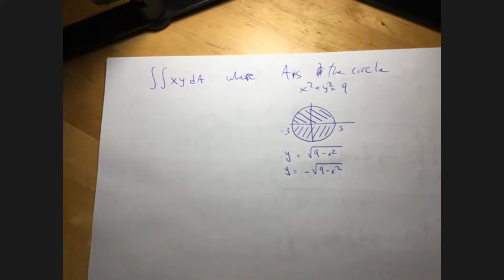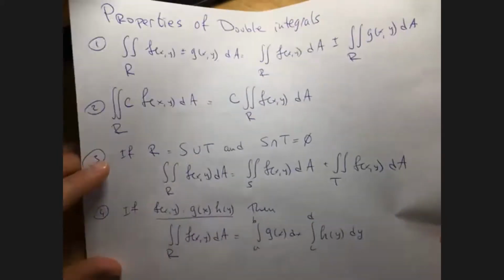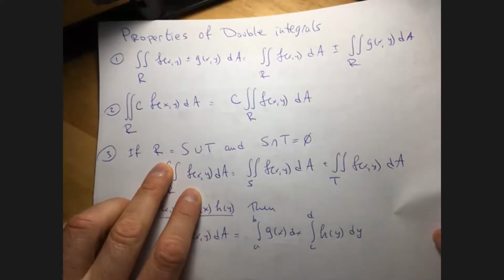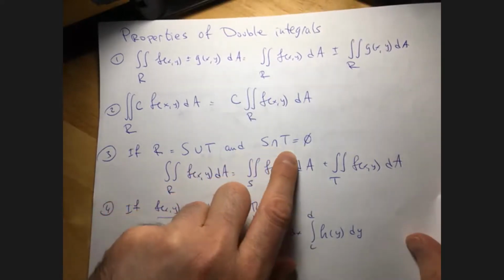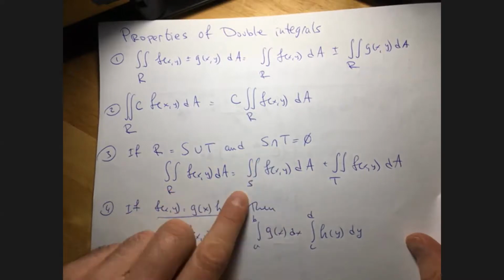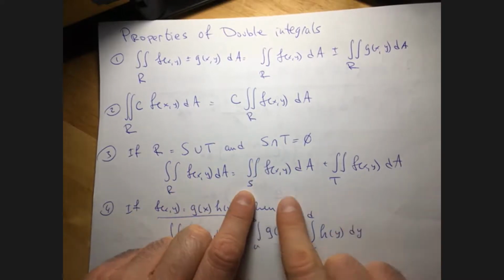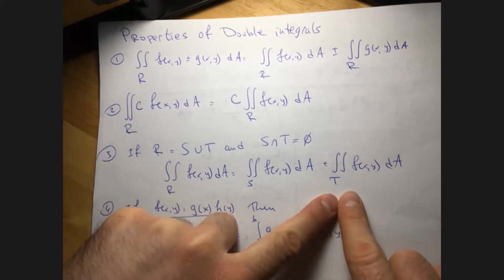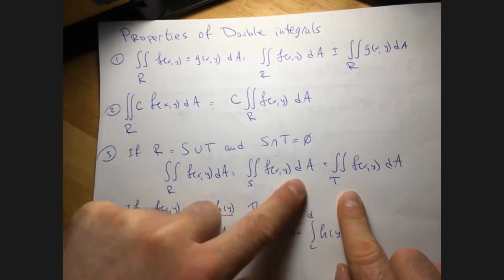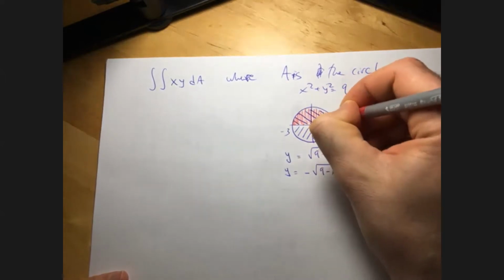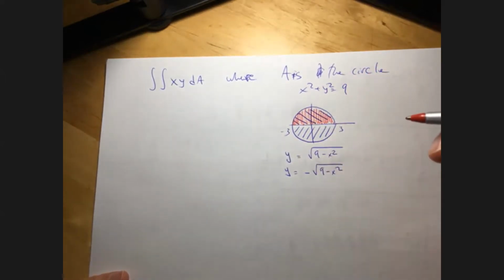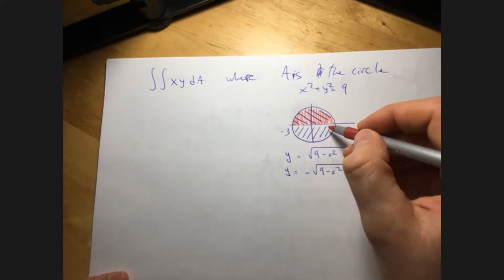But now keep in mind this property of the double integral. If the region over which you're integrating can be expressed as a union of two regions that do not overlap, then you can split your integral into two different integrals, over the region S and over the region T, right? These two regions don't overlap, the upper semicircle and the lower semicircle.